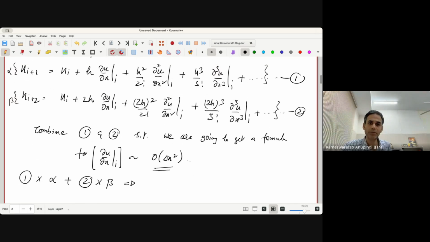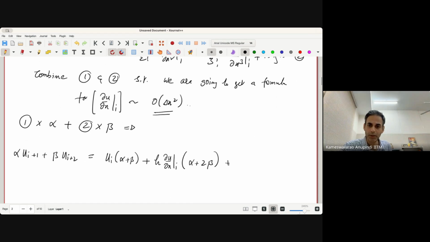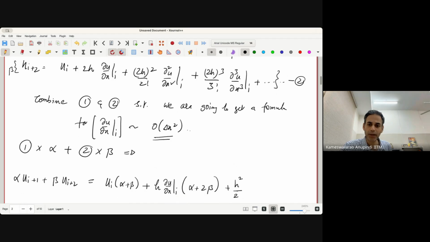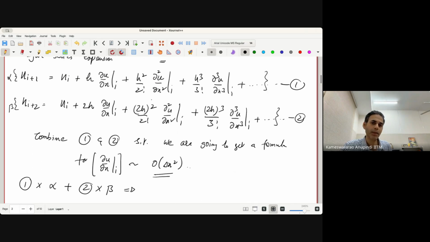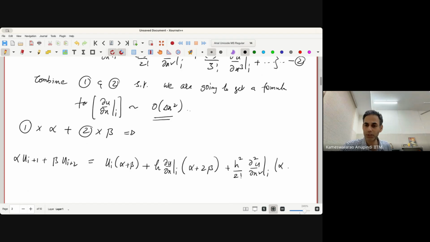Similarly, the third term is going to be h square by 2 factorial times dou square u by dou x square at i, times alpha from the first equation, and then 4 beta from the second, because we have 2h square, so it's going to be alpha plus 4 beta.